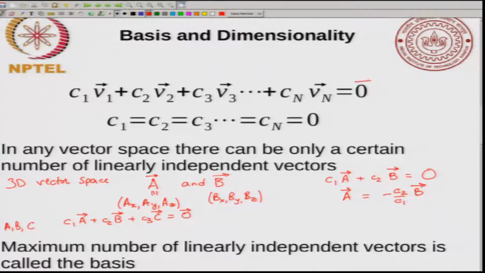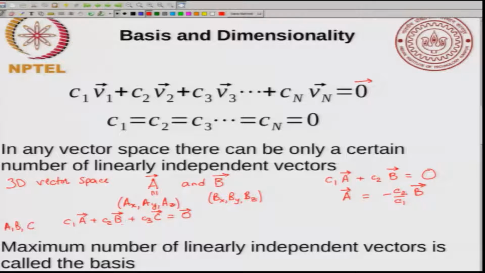In all these cases the left hand side is a vector, so the right hand side is also a vector, a 0 vector. This holds for some C1, C2, C3 not equal to 0. And how do you find the C1, C2, C3? I mean how do you state this condition?